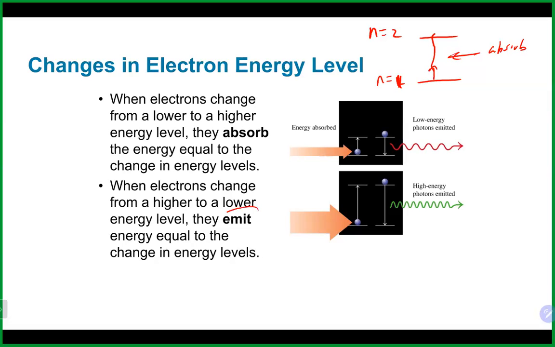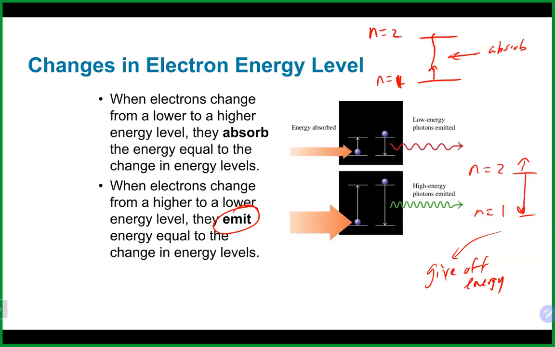An emission spectrum, or something that gets emitted, is when an electron goes in the opposite direction. It starts at a higher energy level and comes down, so it's got to give off energy to do that. And that's what is sometimes referred to as an emission spectrum. Most of the time when we see colors, like fireworks and flame tests, those are emission spectrums because those electrons are coming back down in energy.